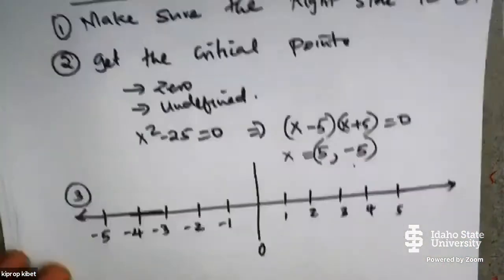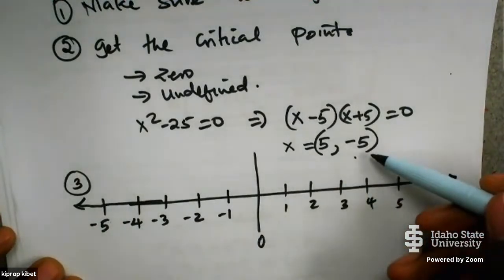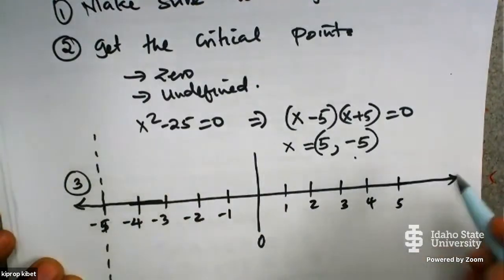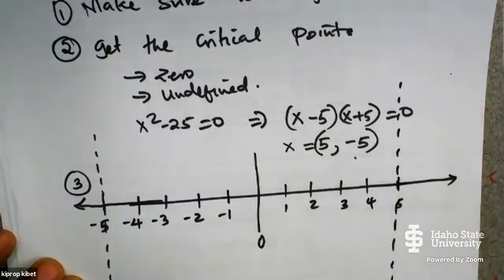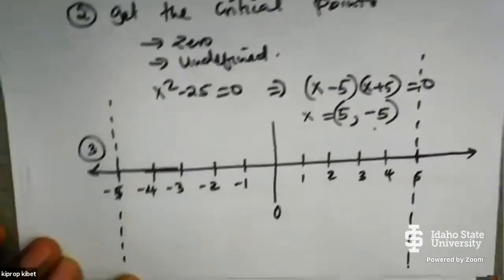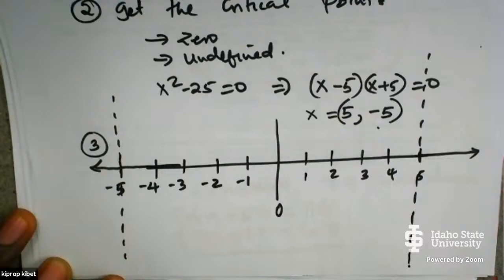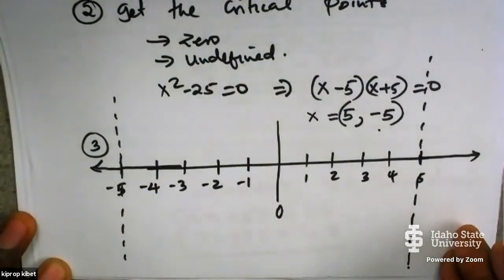All these are positive. So you make the levels. Now we have x equals minus 5, which is this point, and x equals 5, which is that point. Okay? So those are the levels. So we have this level, we have this one, and then we have the last one.